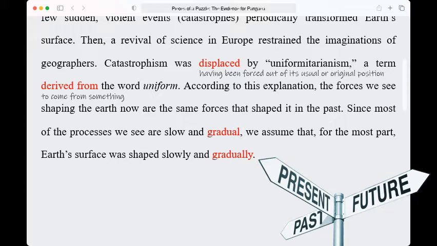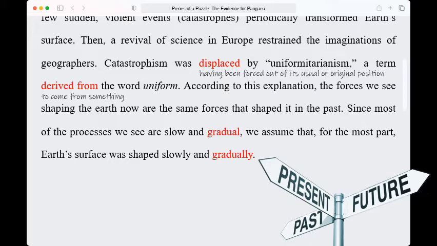According to this explanation, the forces we see shaping the Earth now are the same forces that shaped it in the past. So if we can understand the present, then we will be able to predict what happened in the past, because the past won't be that different from the present.